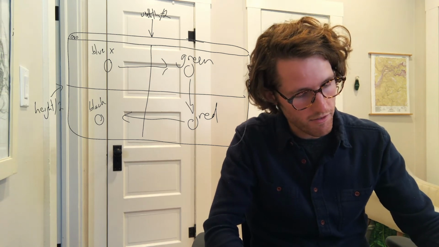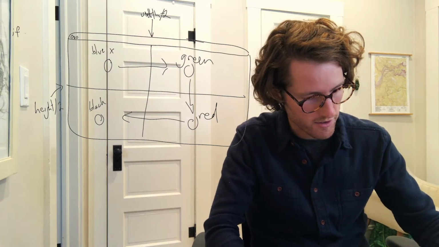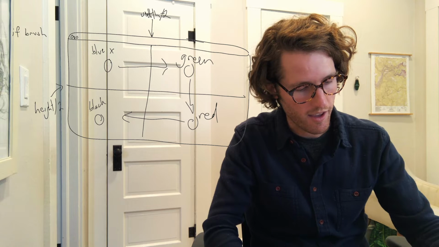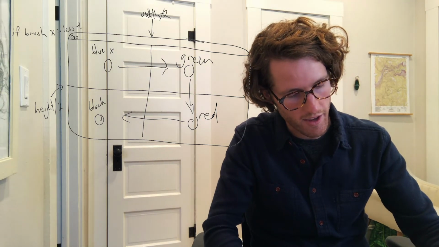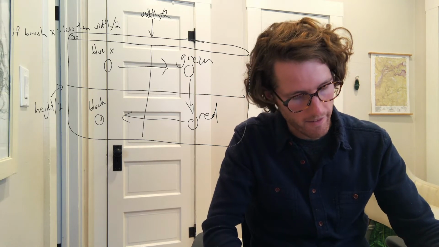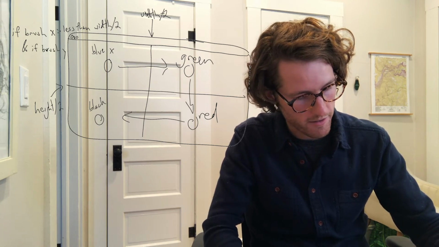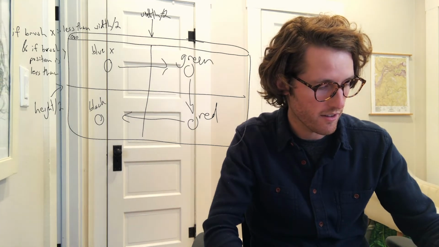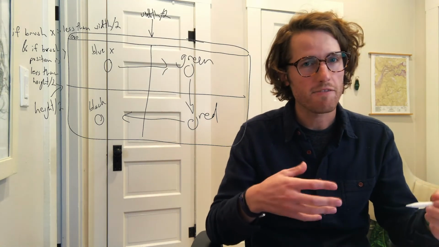Let's say, if brush X position is less than width divided by 2, and if brush Y position is less than height divided by 2. We're going to see that that's actually fairly close to how we're going to write this in code.